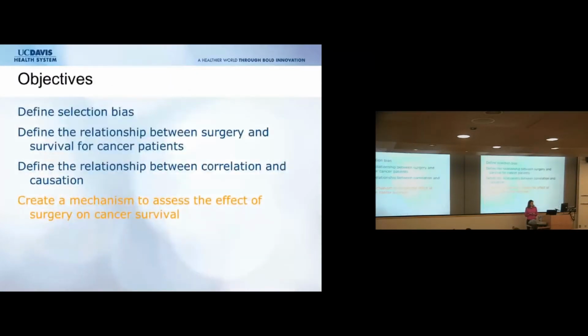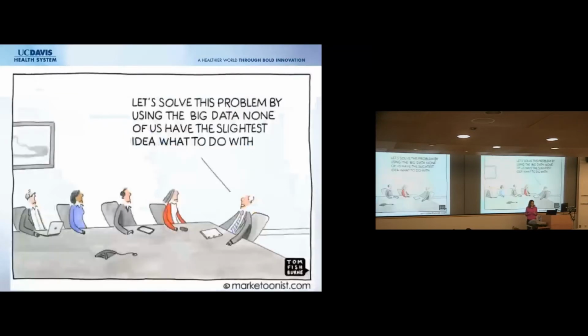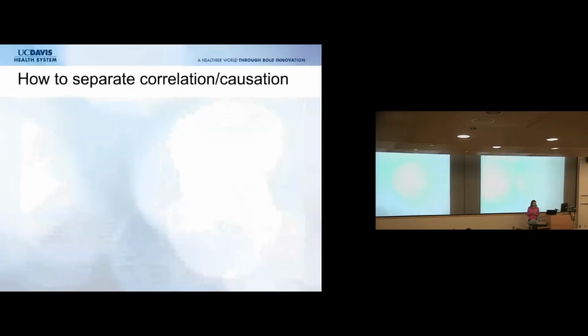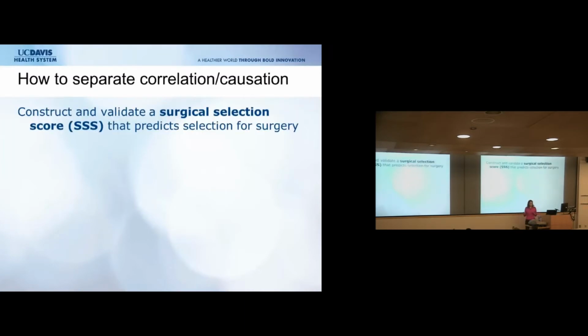All right, so we're going to talk about how we create a mechanism to do that. It's nice that I followed Soman, and we're going to use big data to solve this problem, okay? And hopefully we're going to use it in the correct way to get a good answer. So we're going to try to separate correlation and causation.